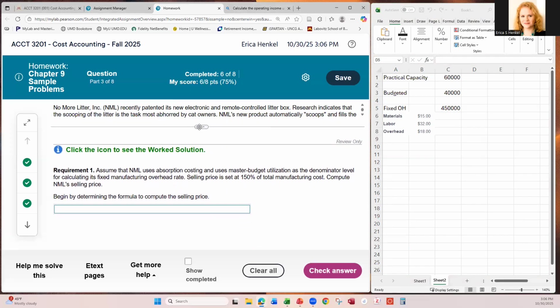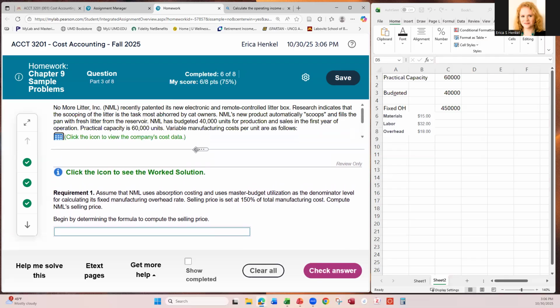Okay, so assuming we use absorption costing, what is the formula to compute our selling price? Well, if we're using absorption costing and we're using a master budget utilization as our denominator level for our fixed overhead rate, okay, so let's calculate our rate here. And we're going to do it based on budgeted units since they're using the master budget utilization.